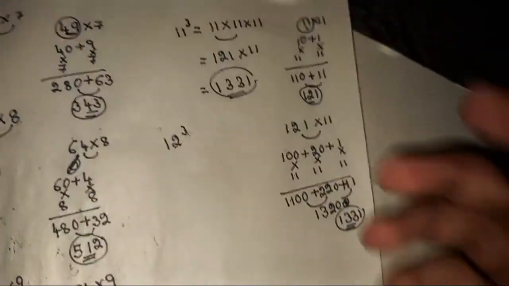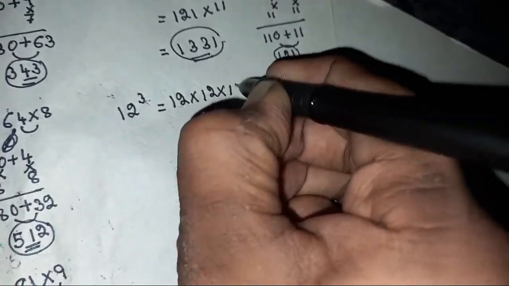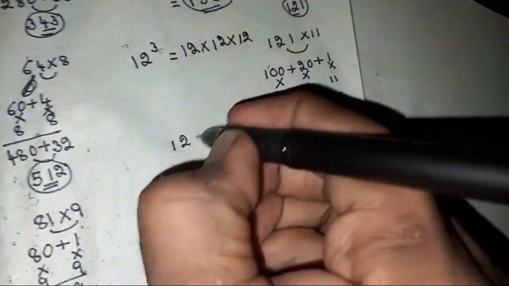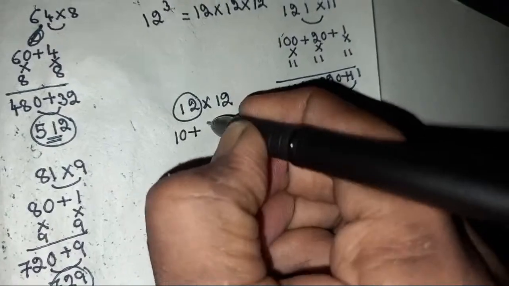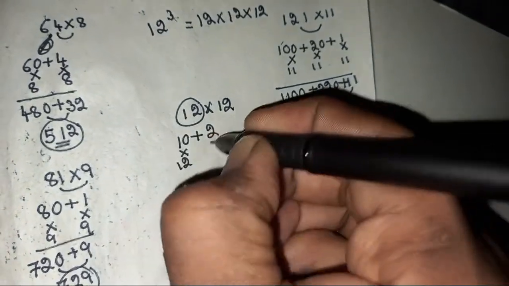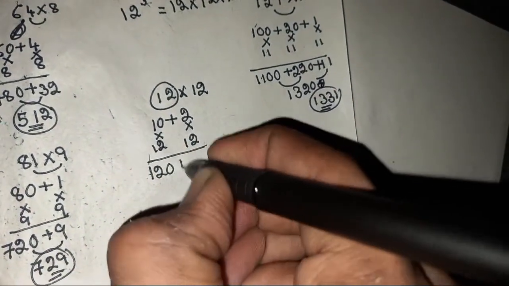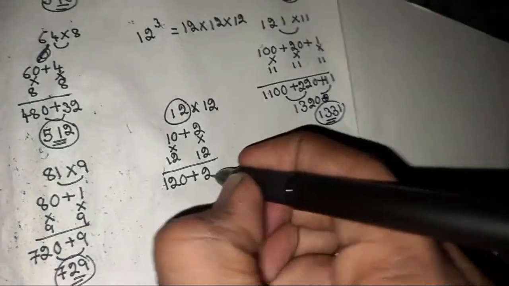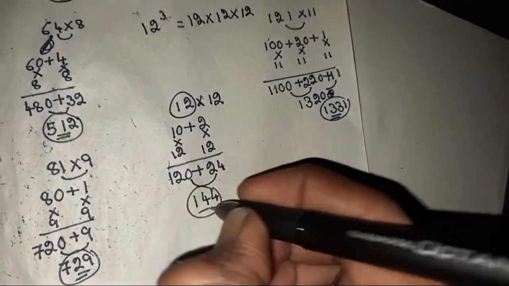12 cube means you can write it as 12 times 12 times 12. Let's multiply 12 times 12. You can split and write this 12 as 10 plus 2. Here also multiply with 12. Here also multiply with 12. 12 times 10 is 120, plus 12 times 2, 24. 120 plus 24 is 144.